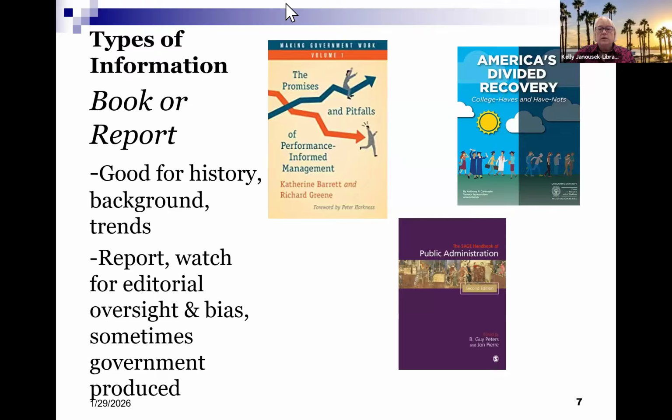Now, reports are what I call what's out there on the internet for free. A lot of publishers, the US government being a good example, have started publishing there. It costs money to publish in paper and distribute, so the internet's free. But when you look at it, you need to see the editorial oversight and bias.